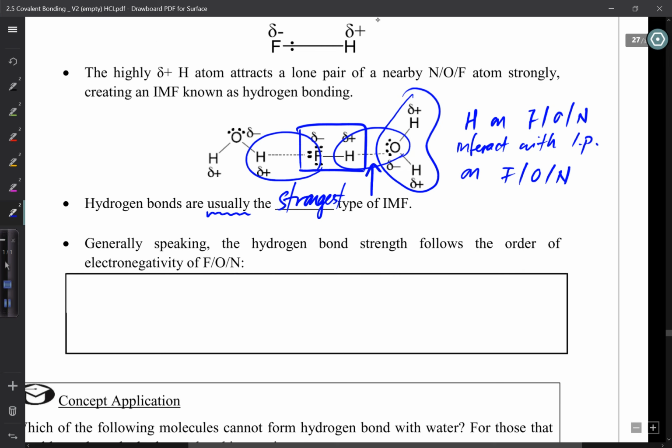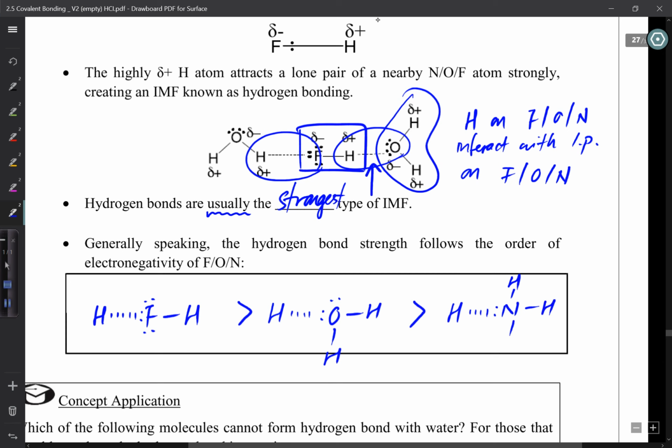Generally speaking, the hydrogen bond strength follows the order of electronegativity. The electronegativity is F greater than O greater than N. So hydrogen bond strength also follows the same trend.